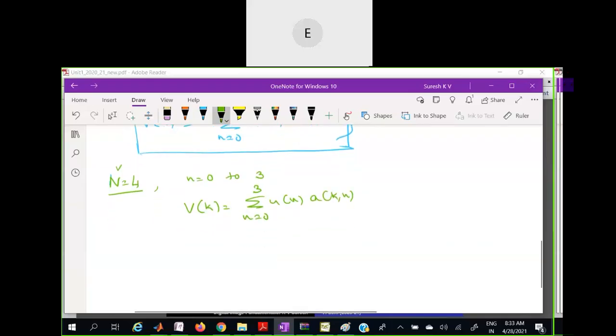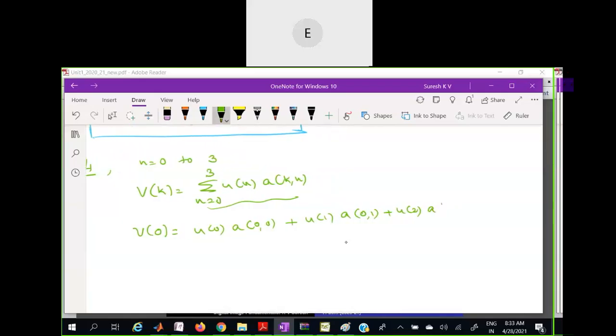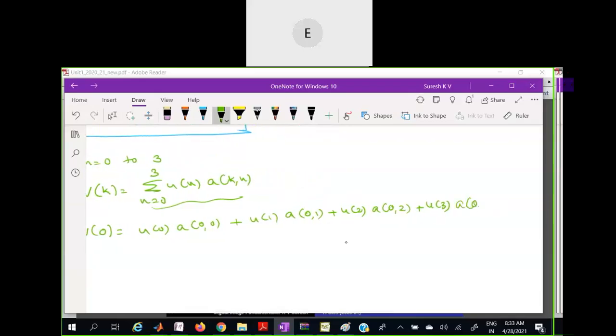In general, don't worry about what is A of kn. We'll take it up later. Now for each value of k, let me just write V of k. So V of 0 will be equal to, let me expand this. This will be U of 0, A of 0 comma 0 plus U of 1, A of 0 comma 1 plus U of 2, A of 0 comma 2 plus U of 3, A of 0 comma 3.